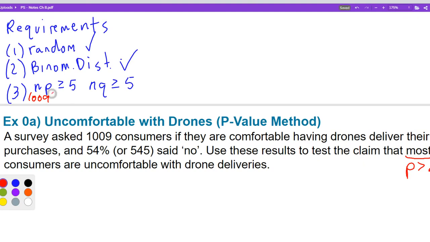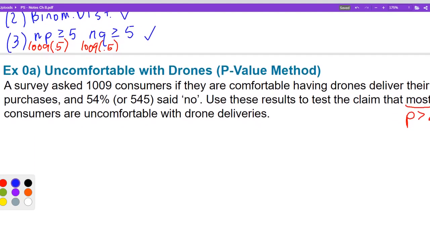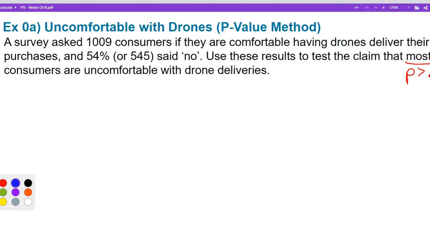So 1,009 times 0.5 is definitely bigger than 5, and likewise n times q is going to be the same thing in this case, because if the probability of something happening is 0.5, then the probability that it doesn't happen is also 0.5. Both of those check out. So those are your requirements. You're probably going to skip over that when we get into the problems, but just know that we're supposed to be checking the requirements.